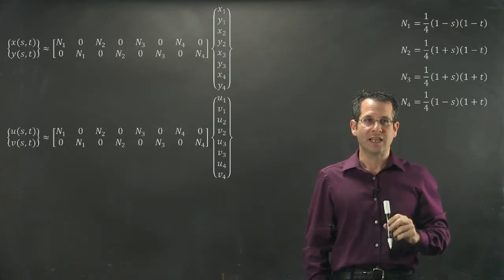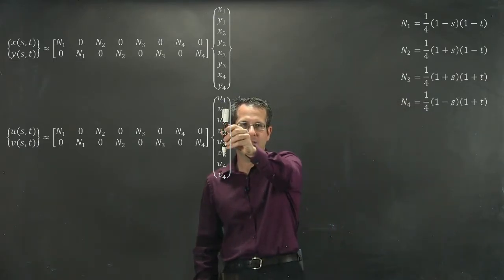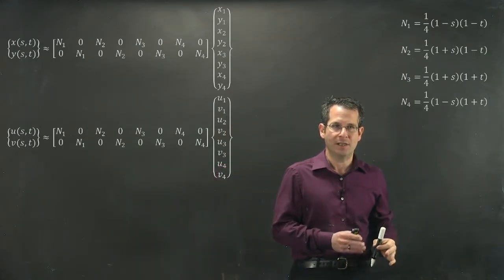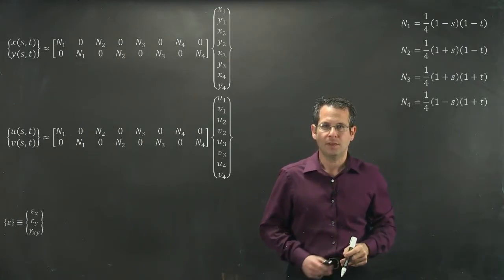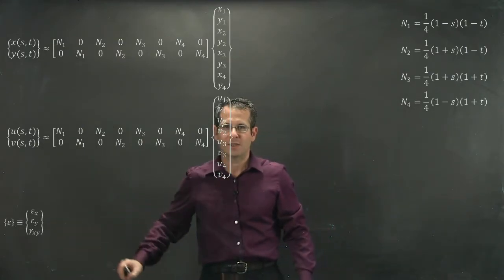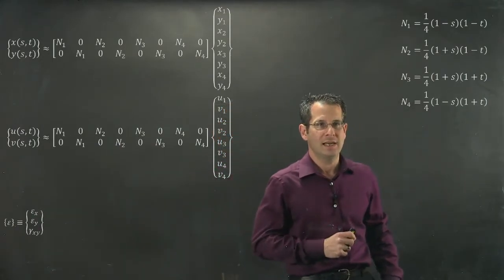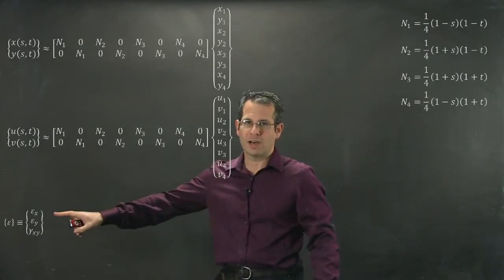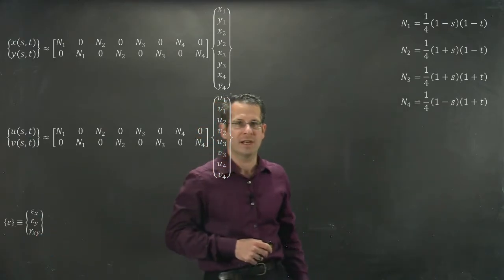Remember, what I really want is to find a relationship between this vector and strain, and that's my B matrix. So let's take a look again at strain. My strain vector consists of my three components of strain in XY space: normal strain in the X direction, normal strain in the Y direction, and shear strain in the XY directions.